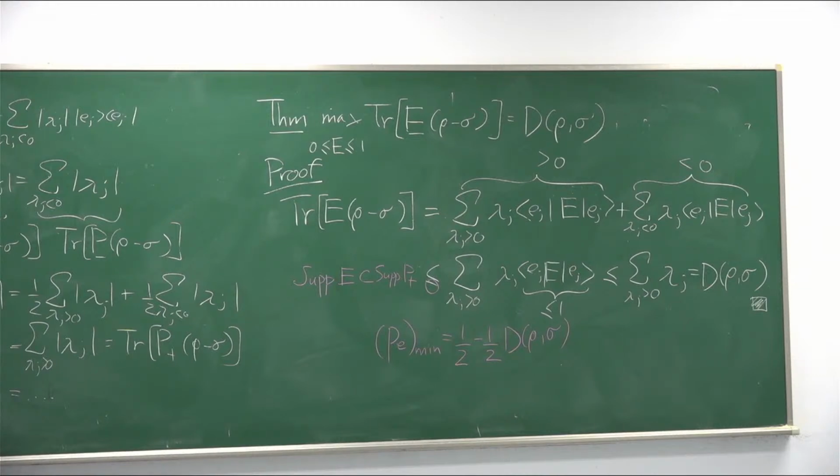So if support of rho is here and support of sigma is here, so they're orthogonal, right? But here I have plus rho and minus sigma, so this will become a negative eigenspace. And this is positive eigenspace.